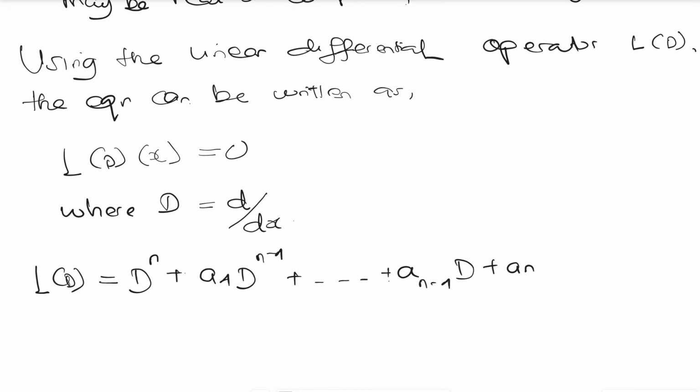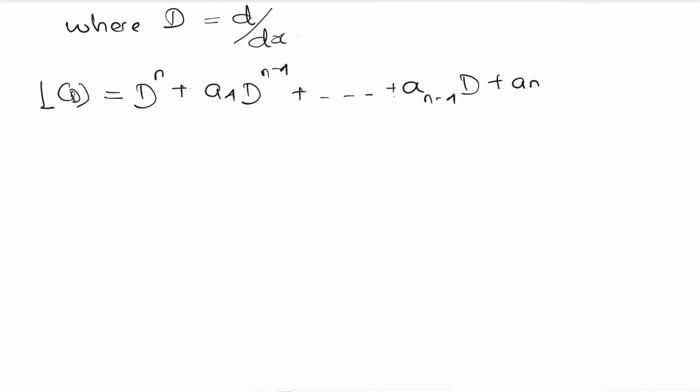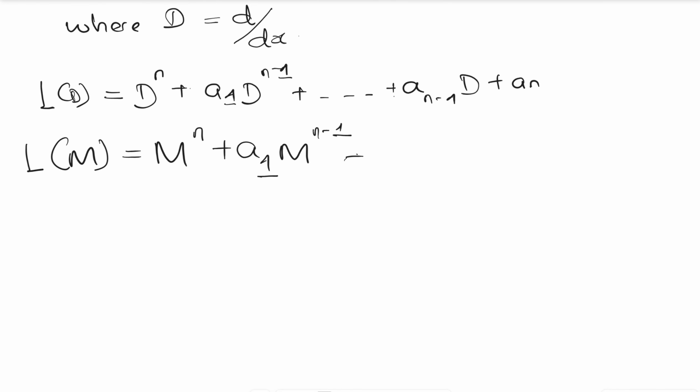Now, replacing D with m, we call this equation star, and this star equation is called the auxiliary equation of the differential equation.